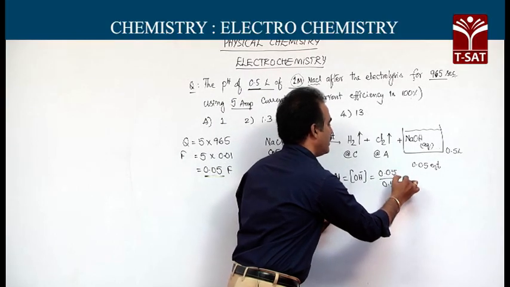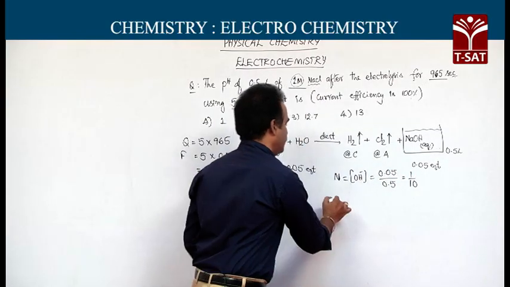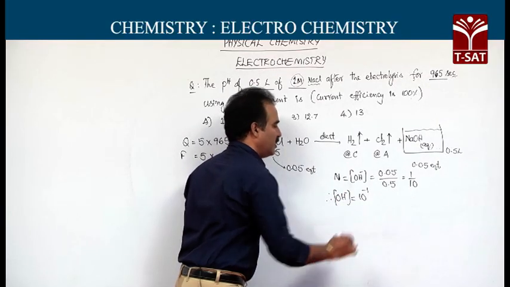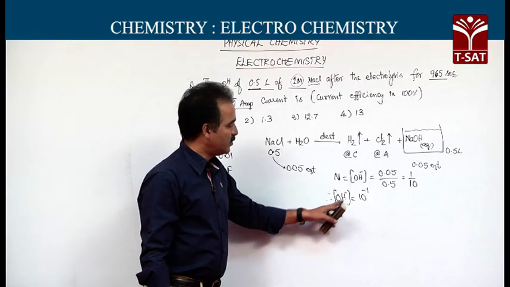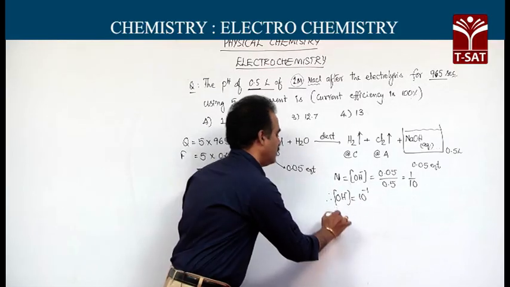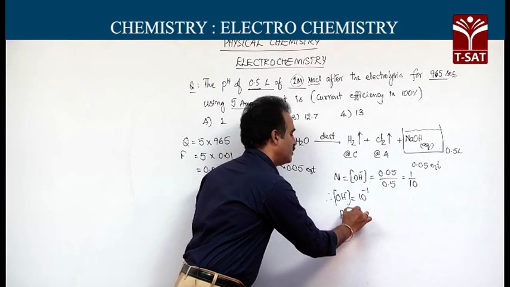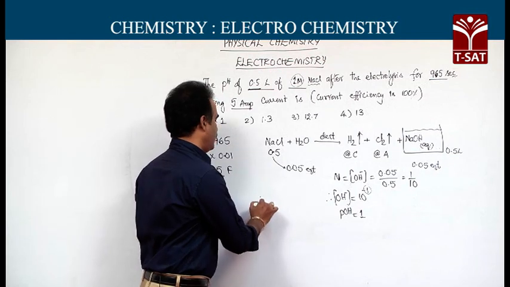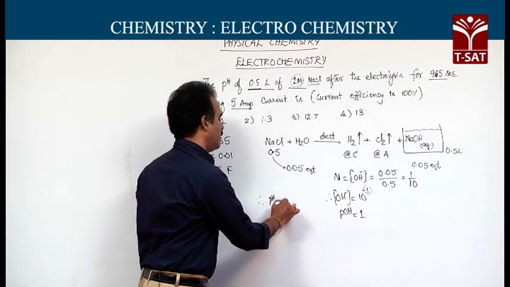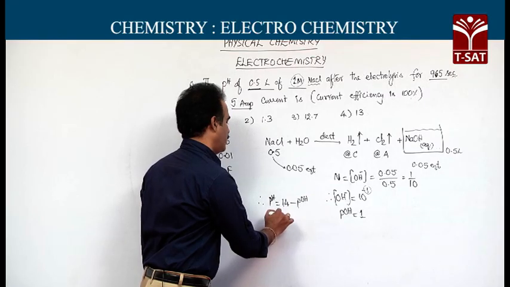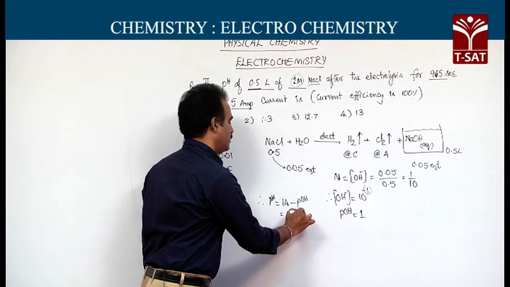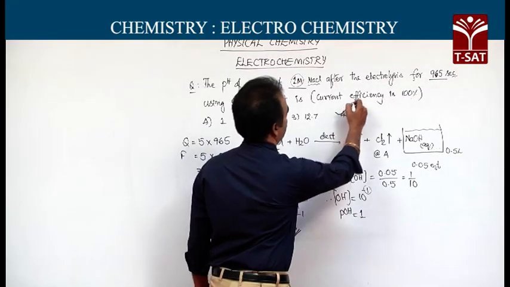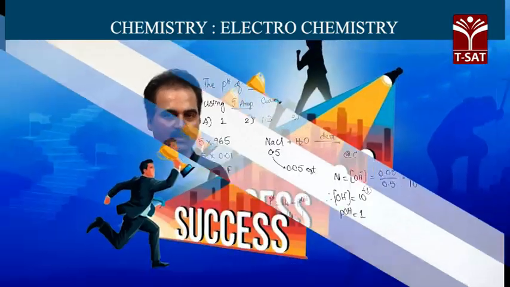So, this upon cancellation we get 1 by 10. That means, OH minus ions concentration is 10 power minus 1. OH minus ions concentration 10 power minus 1 implies pOH is equal to 1. So, automatically we can say pH, which is nothing but 14 minus pOH, that is 14 minus 1, which is equal to 13. So, the answer is 4. pH of the solution will be 13.